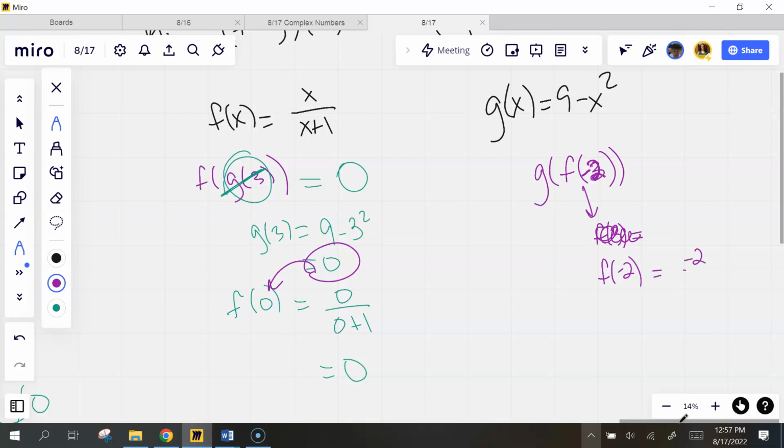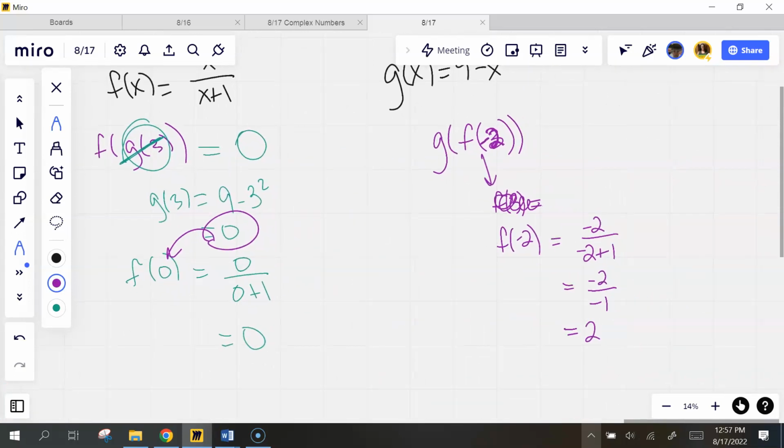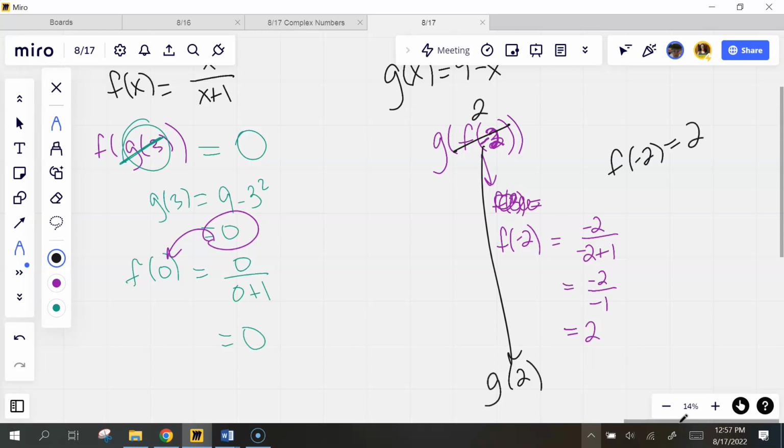So negative 2 over negative 2 plus 1, and I get 2. Do we all agree? So now I'm really not finding g of f of negative 2, I'm finding g of 2, because f of negative 2 is 2. So I just replace it with 2.